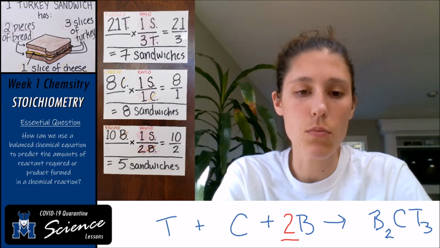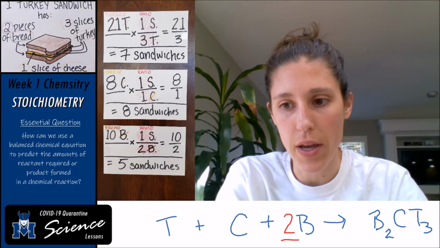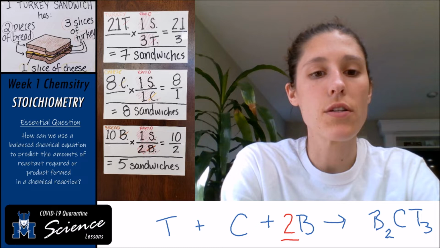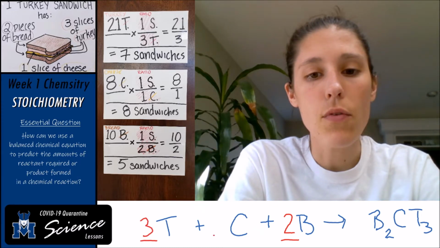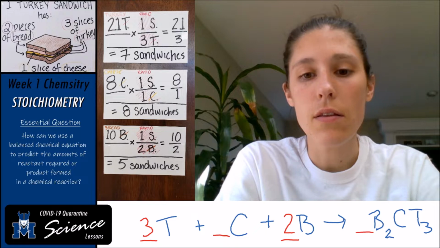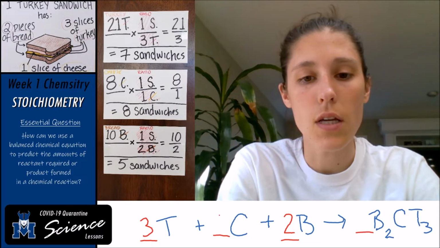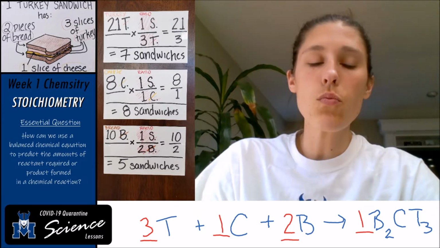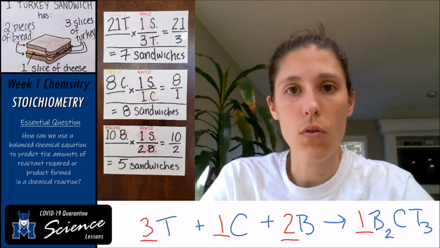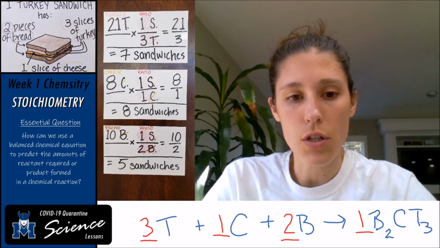But our turkeys we need to balance as well. We have 3 T's in our product, only 1 T in our reactant, so we put a 3 in front of our T. Recall that we can leave the coefficient blank for anything that you need 1 of, or we can write it in. So this would be a balanced chemical equation for our sandwiches.